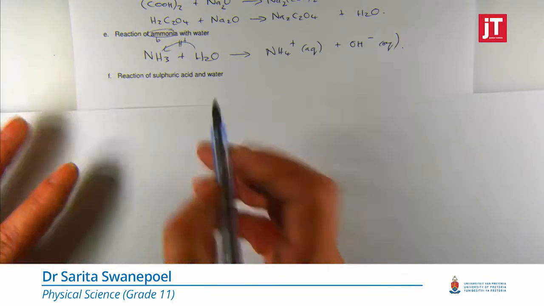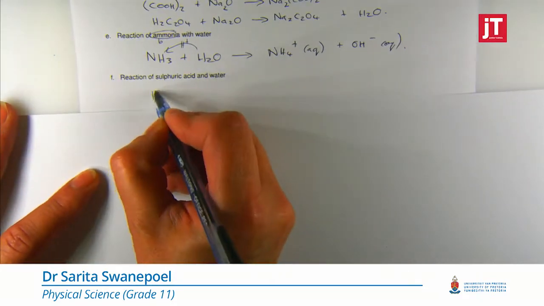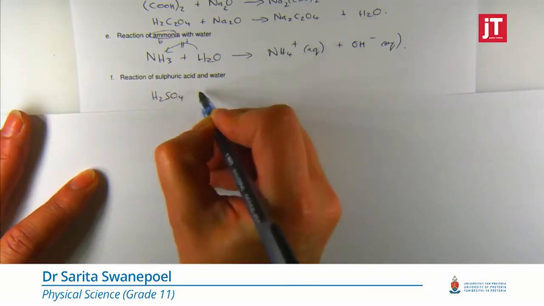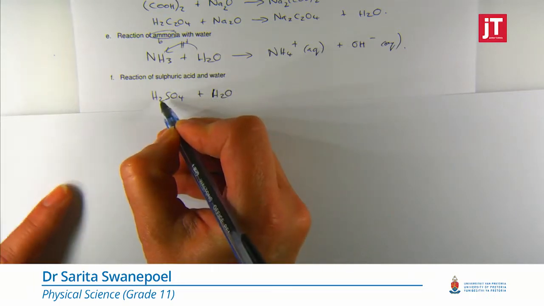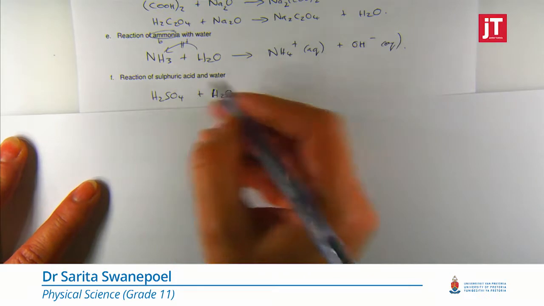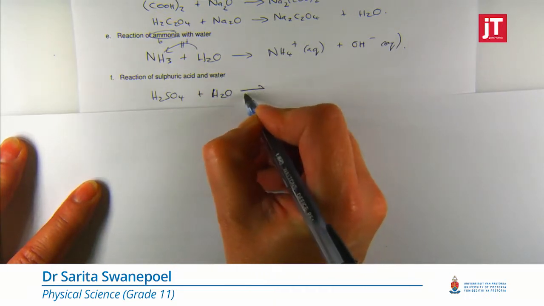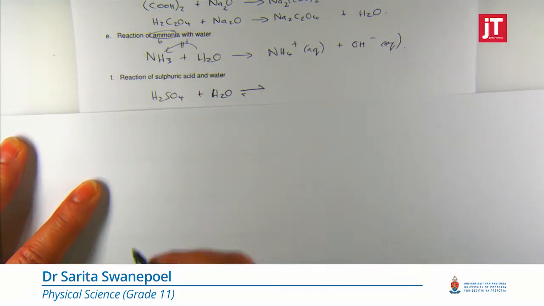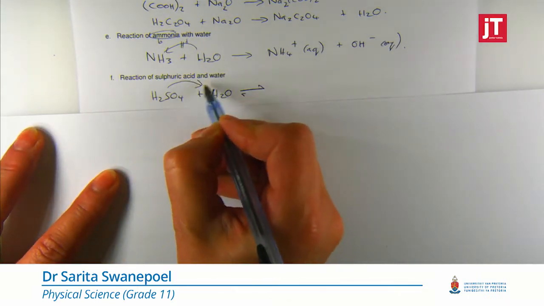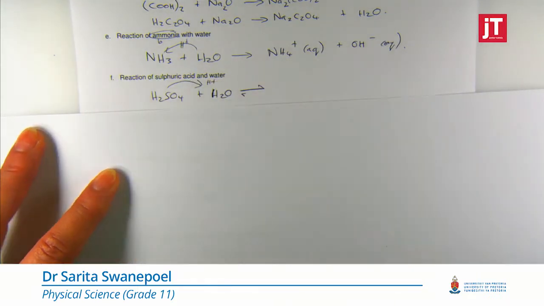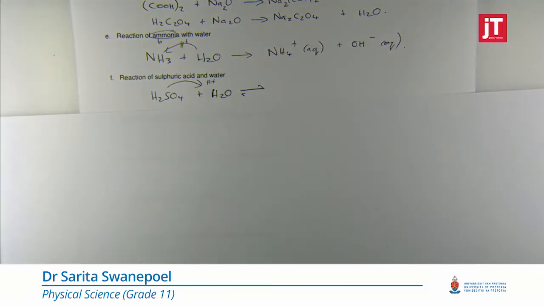Next one, reaction of sulfuric acid. Sulfuric acid, H2SO4, added to water. What do you know about sulfuric acid? It is a strong acid, right? I can indicate it with a big arrow to the right. It's a strong acid. What happens to an acid? It donates protons. Now, usually it only donates one and then the other one after the other.